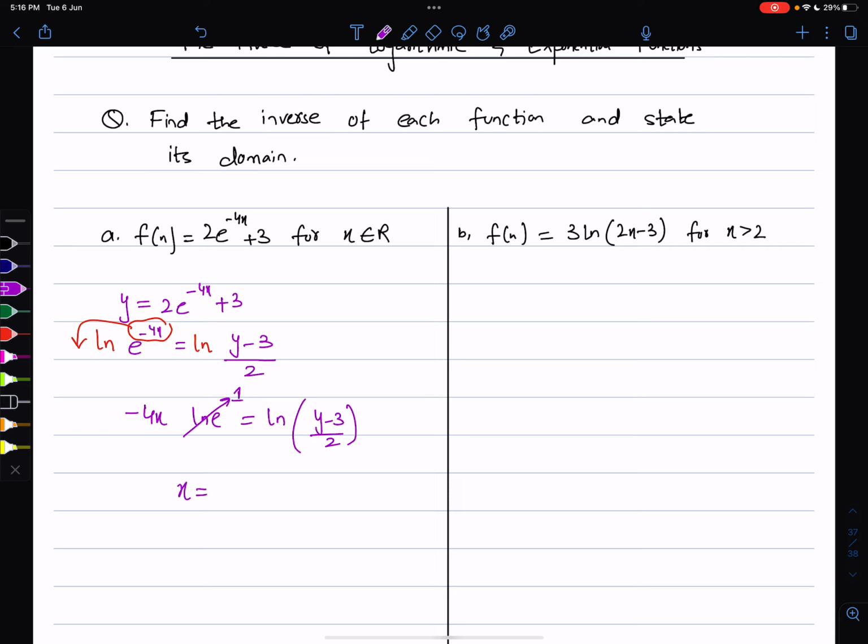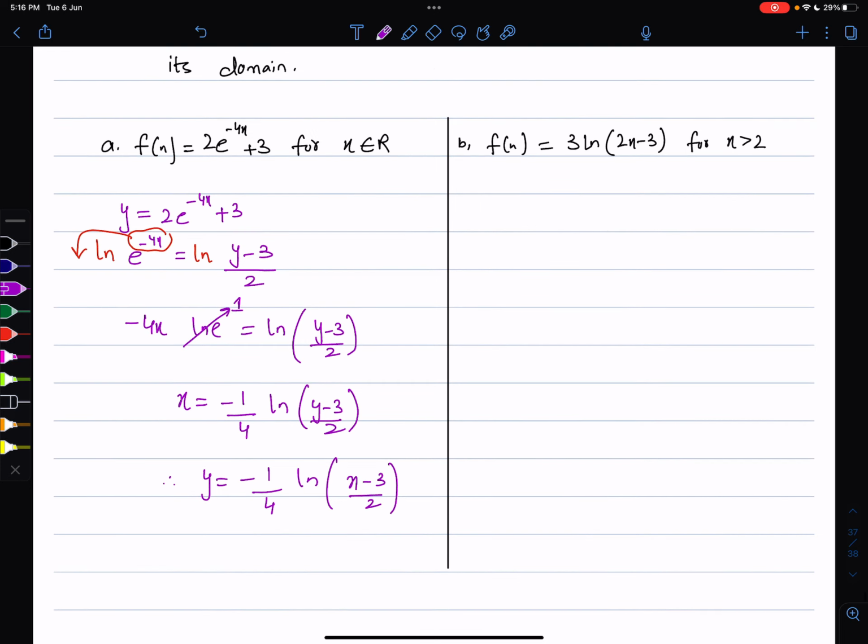So x is going to be equal to minus 1 upon 4 ln of (y minus 3) upon 2. And as a last step, we are going to interchange x with y. So y equals minus 1 upon 4 ln of (x minus 3) upon 2. This is our inverse function equation.